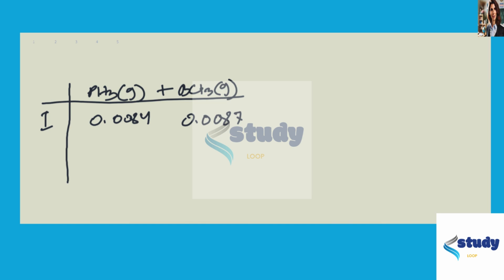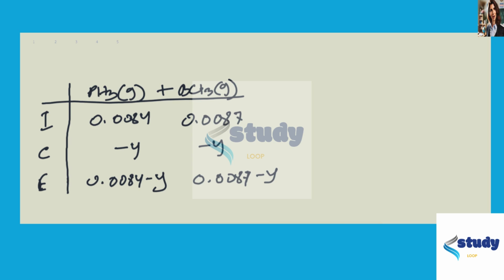Now if we consider the change as y, then the change for both of them will be minus y. And at equilibrium, what we'll have is 0.0084 minus y and 0.0087 minus y. So these are our equilibrium concentrations now.